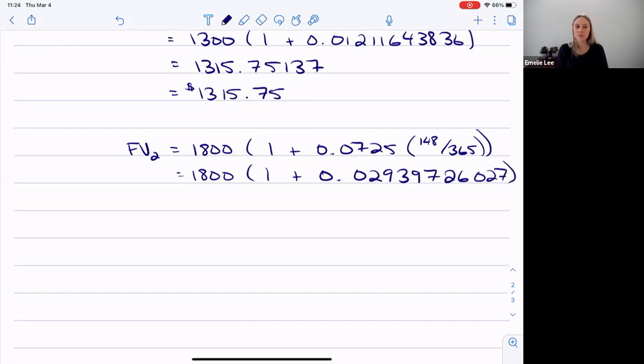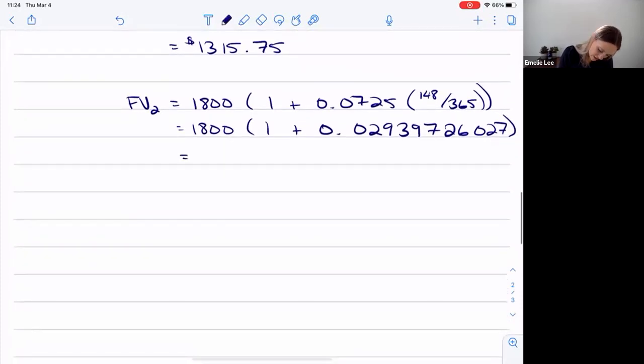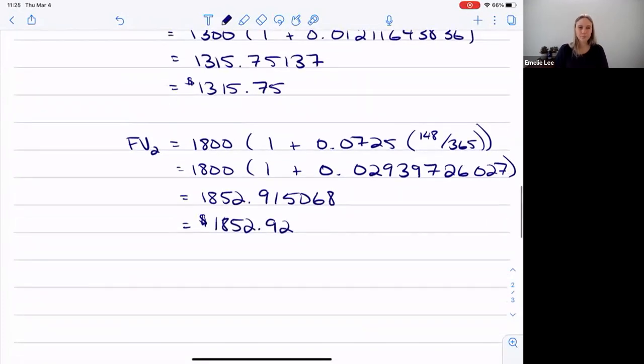Of course, it keeps going, so I'm just going to keep it on my screen. Plus 1 on my screen, and then times 1,800 puts me at 1,852.915068. As a dollar amount, that's 1,852.92.